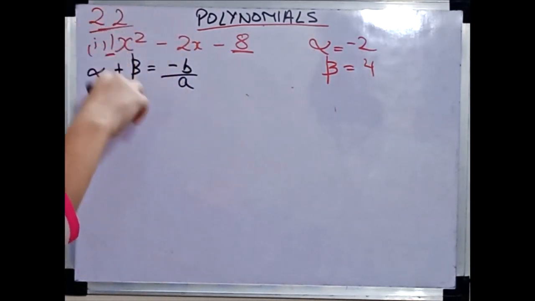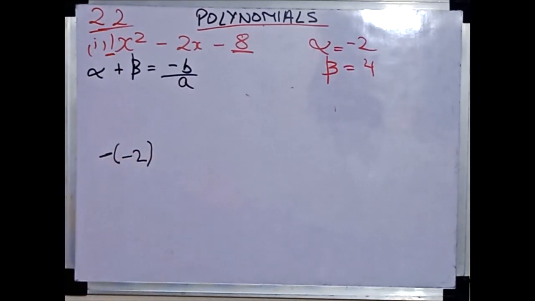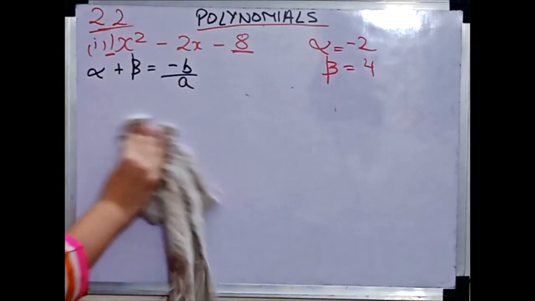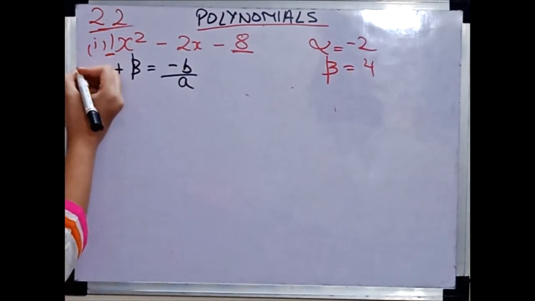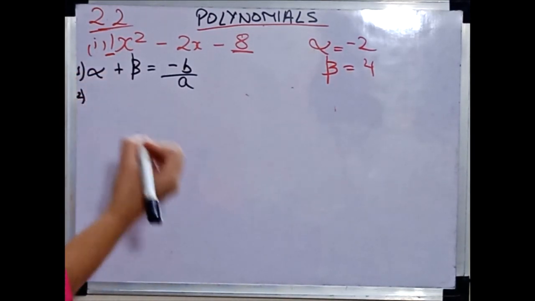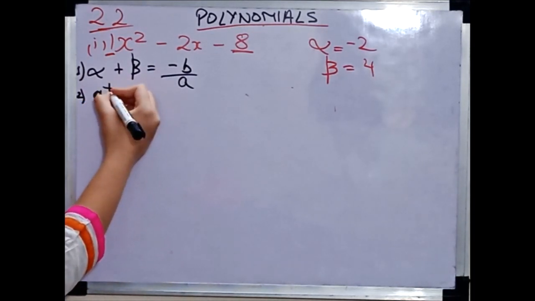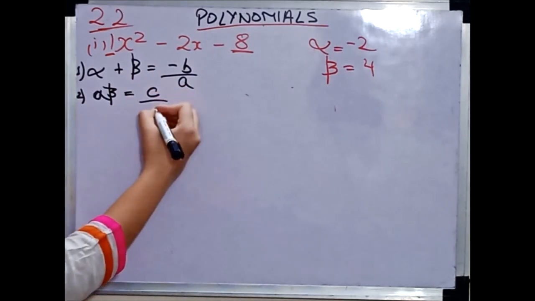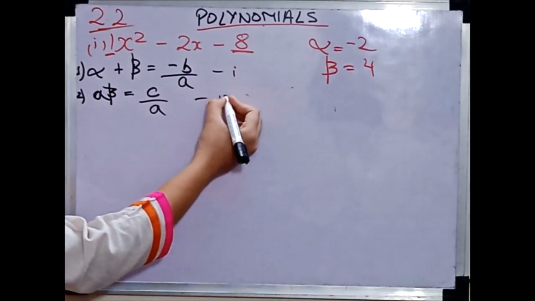Say minus 2 is our b, so we'll put minus 2 in the bracket, and after the bracket we'll put minus again. This is the rule. If you don't do that, your answer will be wrong, it will not verify, and you'll lose marks. This is the first formula, and the second formula is alpha into beta equals c upon a, right? This is your first, this is your second.